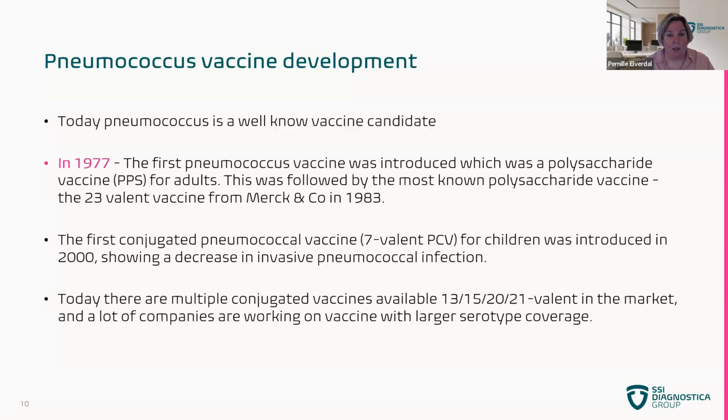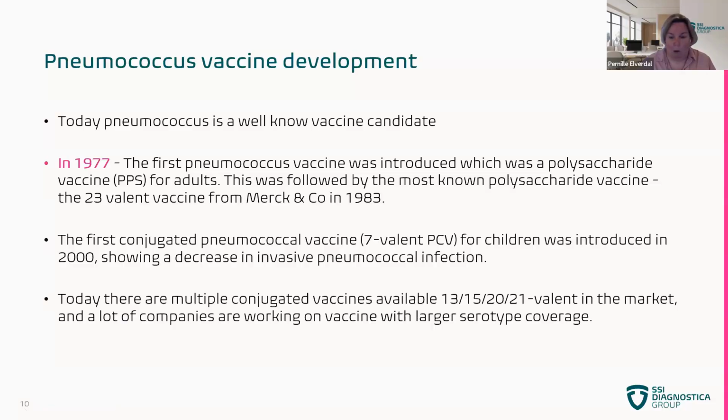serotype coverage, because there are 92 serotypes of pneumococcus out there, and we want to remove the ones which are most prevalent, or the switching of the serotype after the introduction of the vaccine.